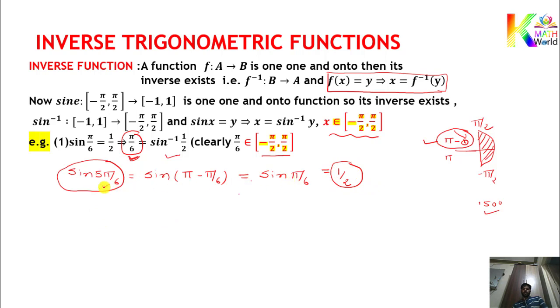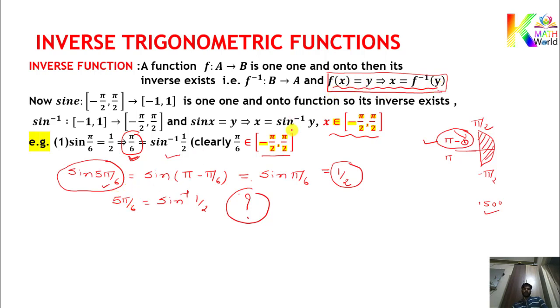Then can we write 5 pi by 6 equals sine inverse 1 by 2? Can we write this way? You might be thinking that if f(x) equals y, then x equals f inverse y, all the time.